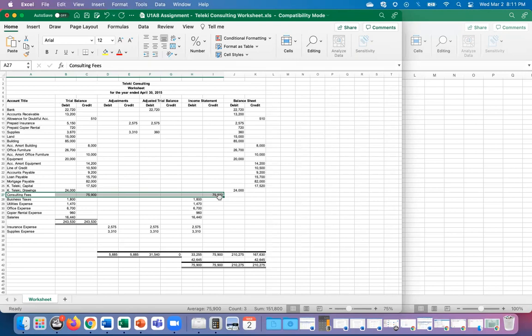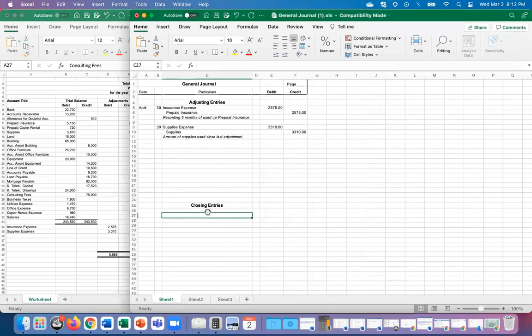So to empty that or to close it, you would do a journal entry where you debit that amount to the consulting fees account, and you would credit it to the revenue and expense summary, right? Which is like that temporary account that goes away as soon as you're done with all your closing. If you need a refresher on how to do that, go back to the closing assignment. Okay, but that's what you do down here.